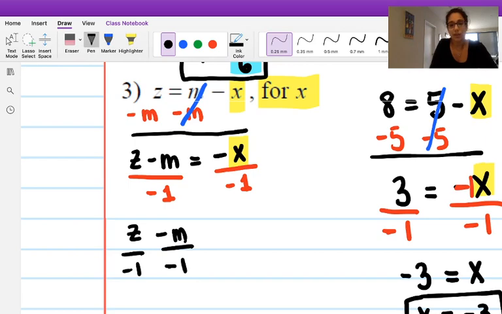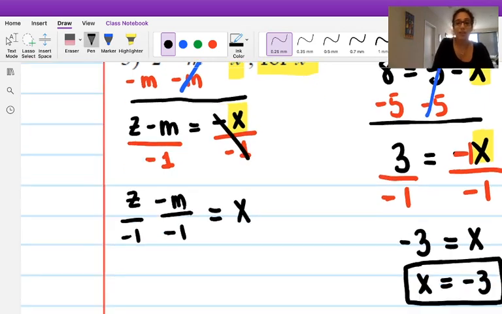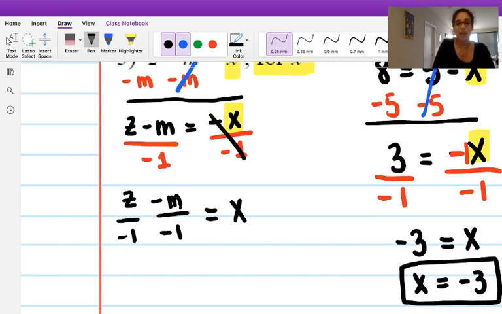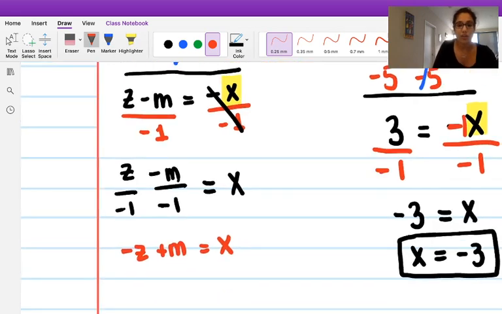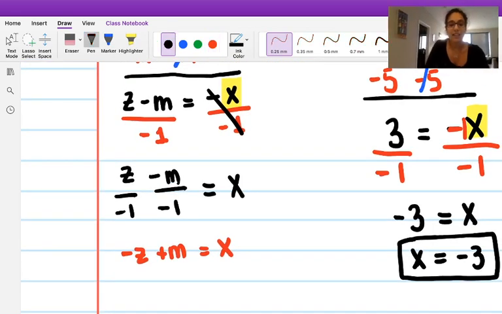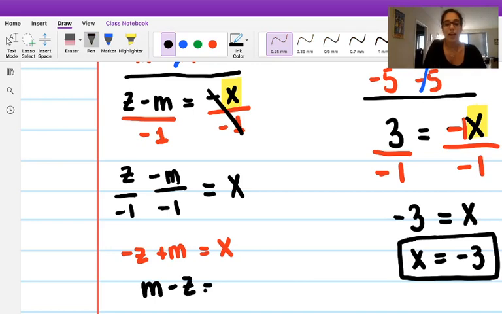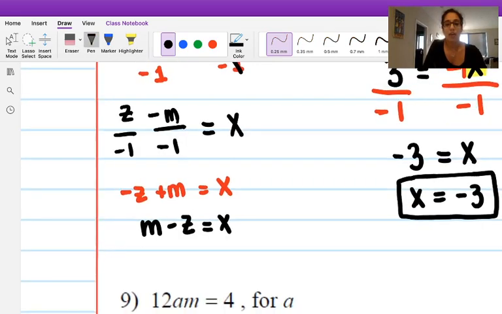Equals, this went away, so we have x. So what are we going to do? We're just going to make everything negative. So this becomes a negative z and a positive m equals x, but we always want to make it so it's alphabetical. So it's going to be m minus z equals x, or x equals m minus z. Okay?